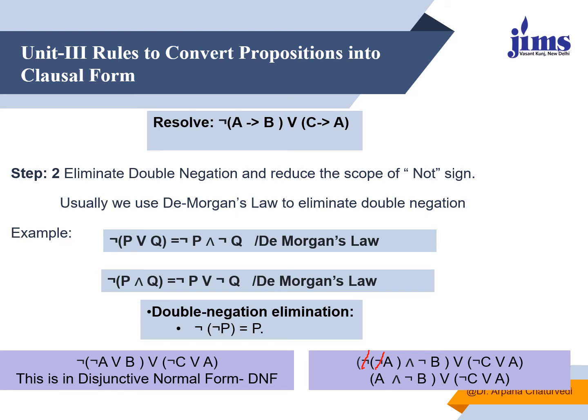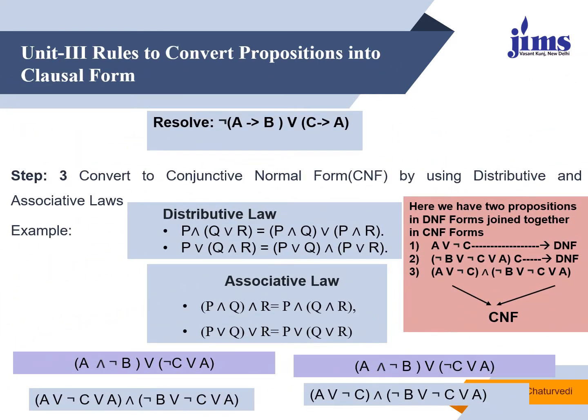Now step 3 is, we have to convert the given proposition into conjunctive normal form. What is conjunctive normal form? Conjunctive normal form says that all the propositions should be connected with the and symbol. For this we will be using distributive and associative law.